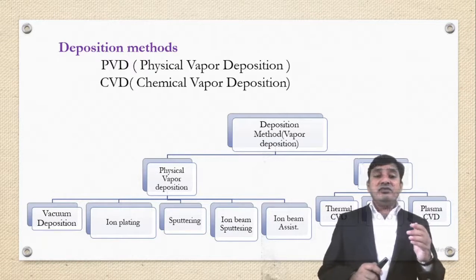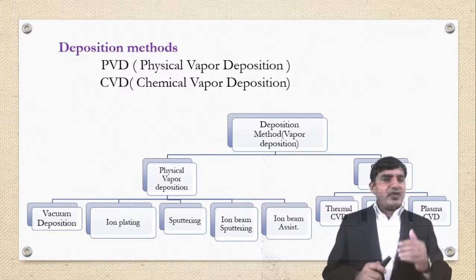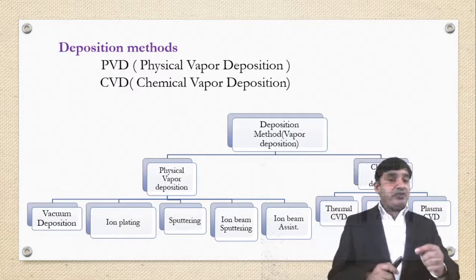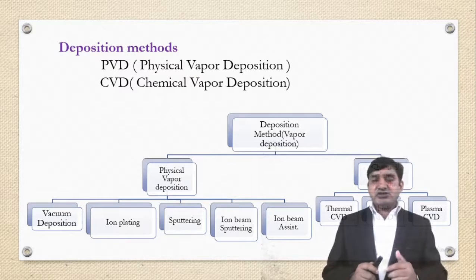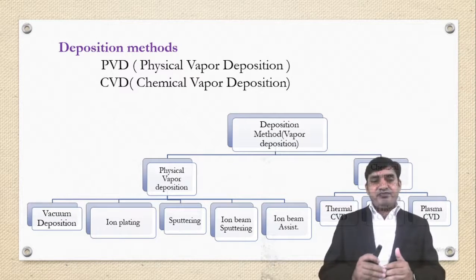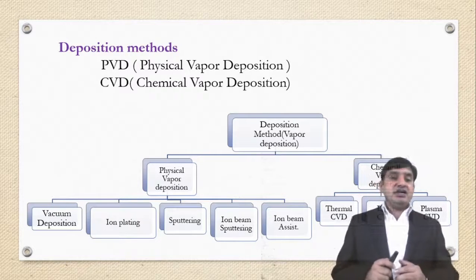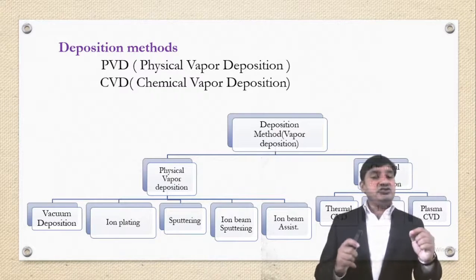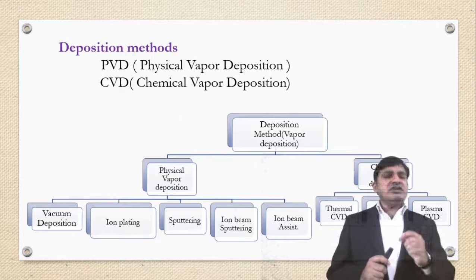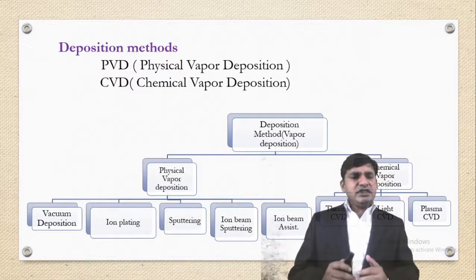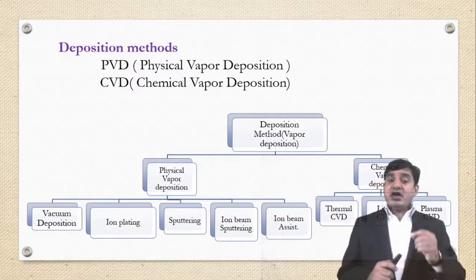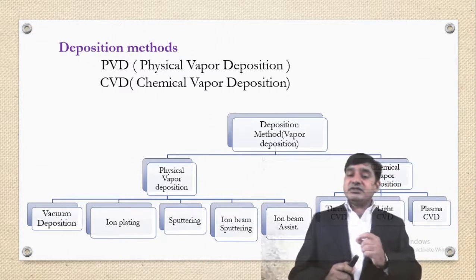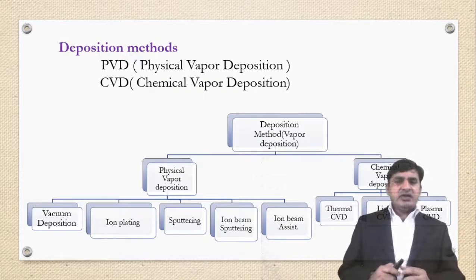First is vacuum deposition, in which the vapors of a material are deposited on a substrate in a vacuum chamber. Second is the ion plating method, then the sputtering method, ion beam sputtering method, and ion beam assist method.